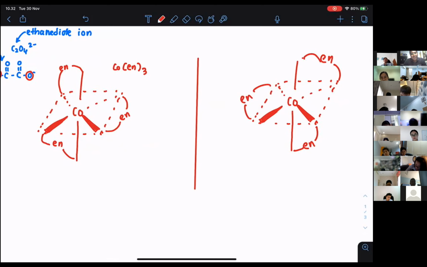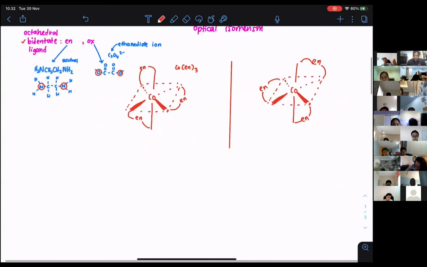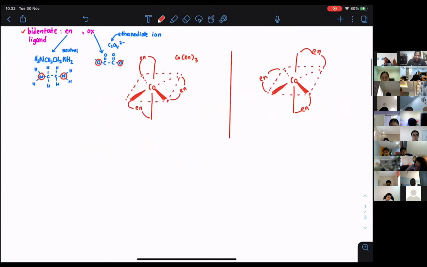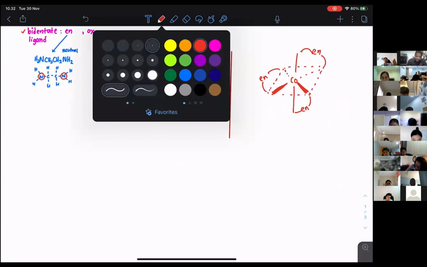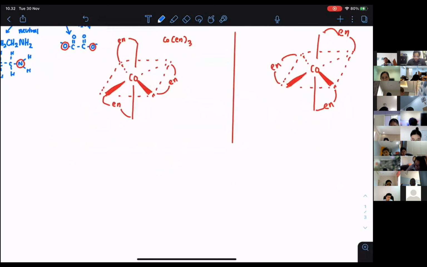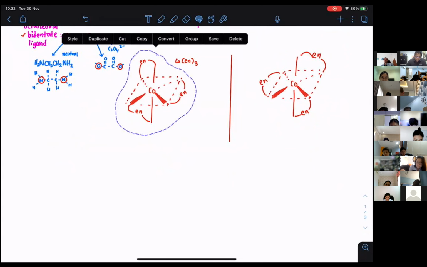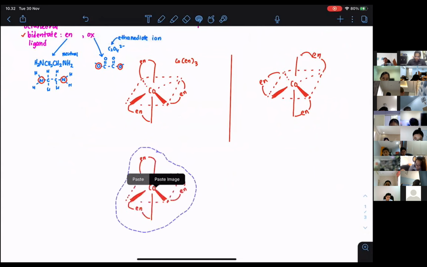Now, what is so difficult then? The things are going to be more difficult if you want to represent them fully. If you want to represent them fully, it's going to be a little bit tough. Why? To save time, I will select this, copy, put it here.